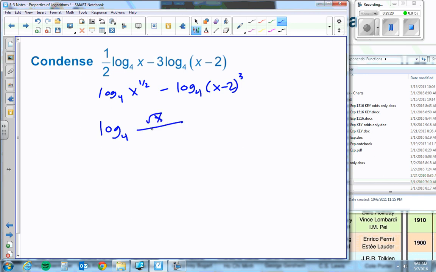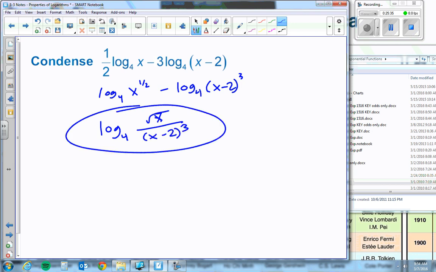So don't put x to the power 1/2, put square root of x. Is that okay?